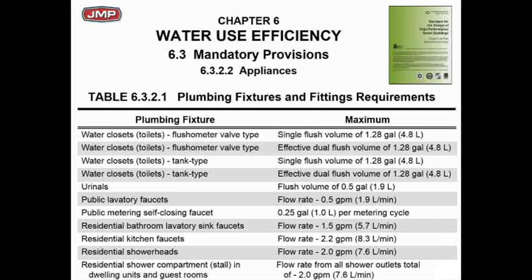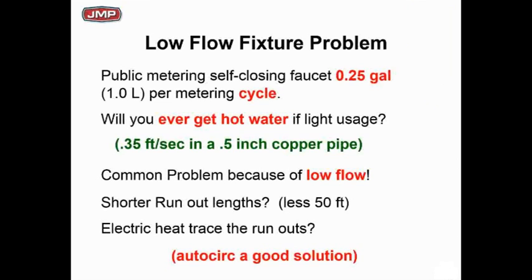Simple little comment, but these codes are going to begin to come into play very quickly, and you need to be aware that you might get that kind of complaint of how long it takes to get hot water with these public metering self-closing faucets if you don't pay attention to the length from the domestic hot water recirculation point to the fixture. You got to begin to get common sense in this. So here's a little quick example of what I just told you.